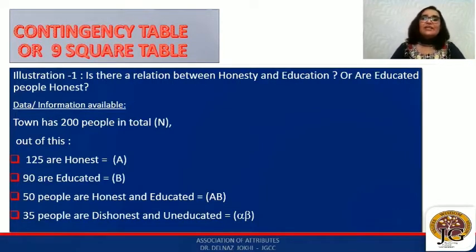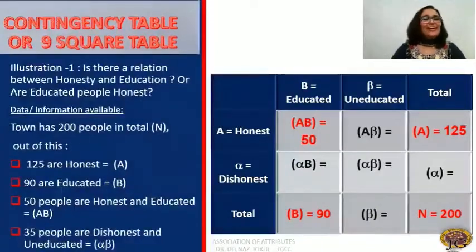Now let's learn how to prepare this contingency table. Now we know how the table looks: A, alpha, B, beta, totals. Now let's put all this data in that table. Your illustration is there with you, your table is also there with you. Everything you see in red color in the table is the data given to you in your sum.